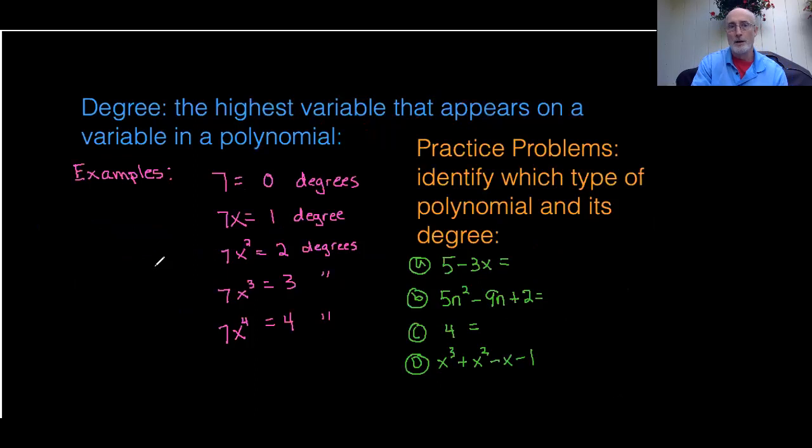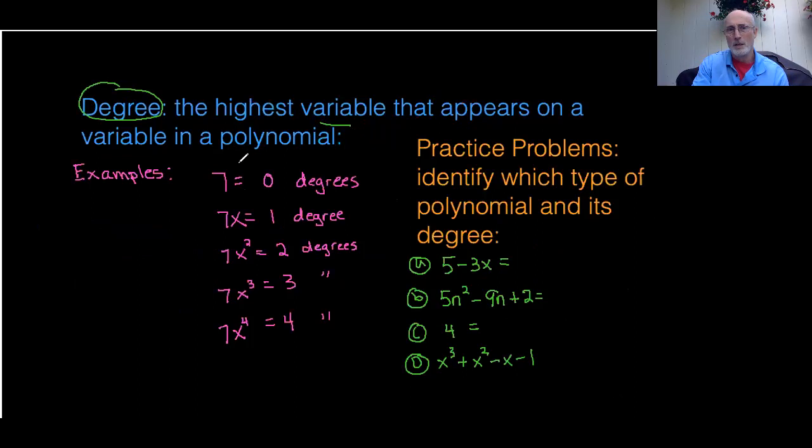Okay, all right. Another concept that I want to talk about, that you'll see in your homework for this chapter, is the degree of something. It's the highest exponent on a variable in a polynomial.